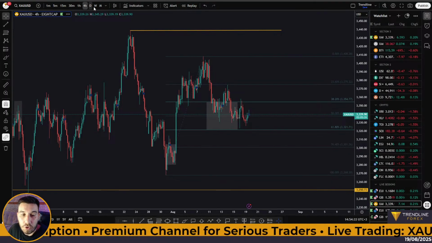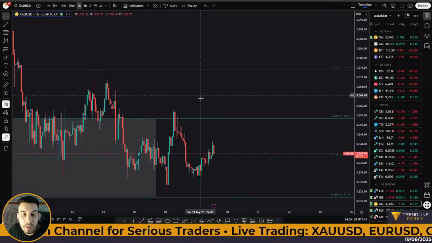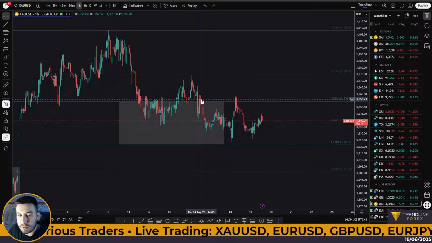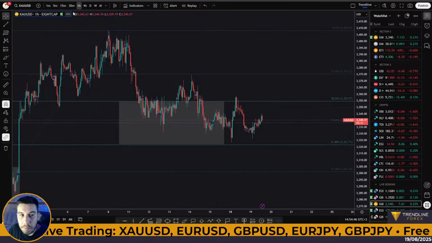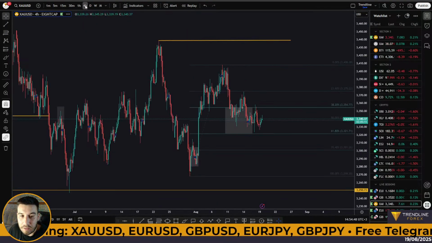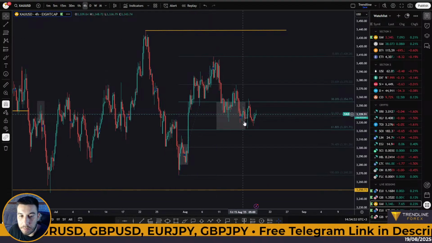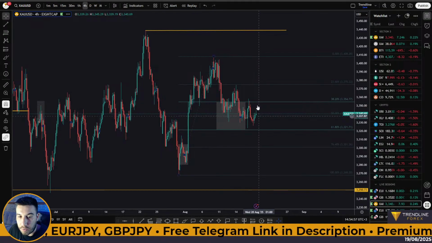And then we have gold. Now, here is where I actually think, even if we look for entries right now, it still makes some sense. We don't yet have a confirmation for the reversal, but what I like the most about this setup so far is that, within this range on the higher time frame, we are kind of forming up this smaller, shorter term range right here.